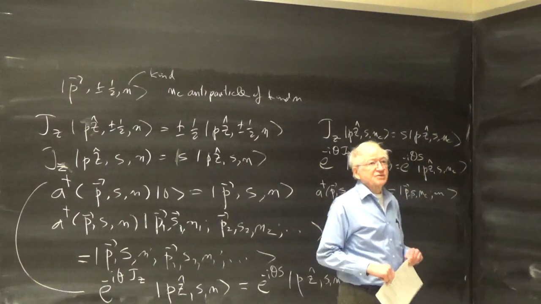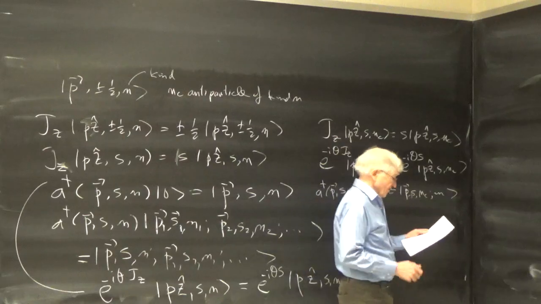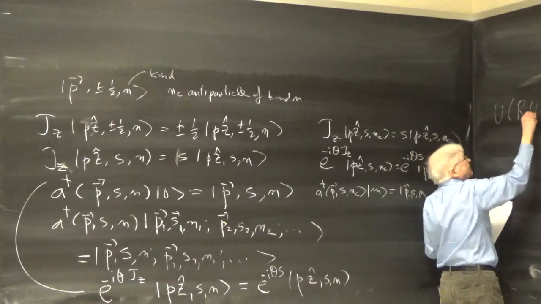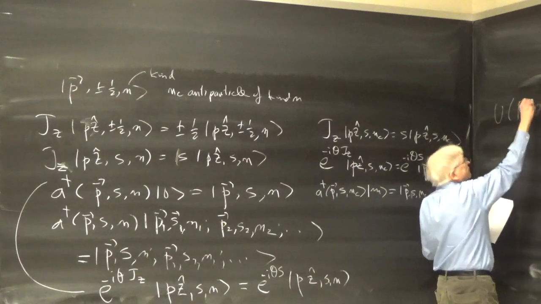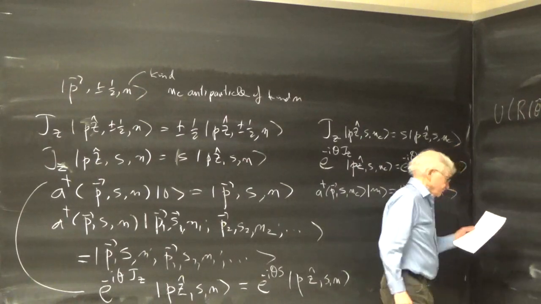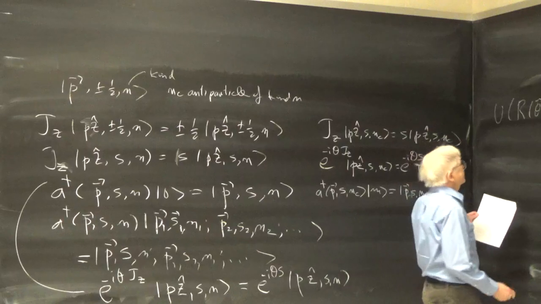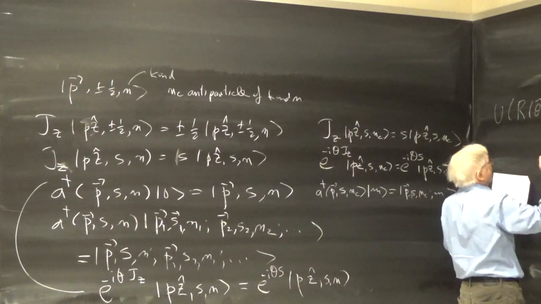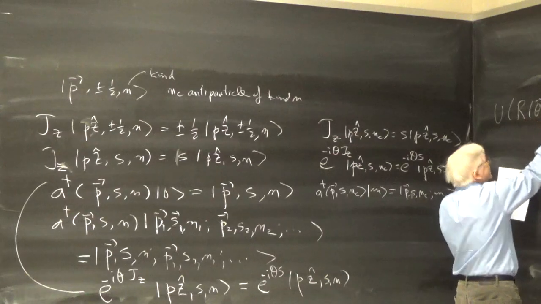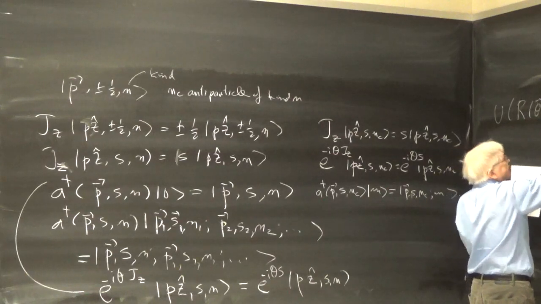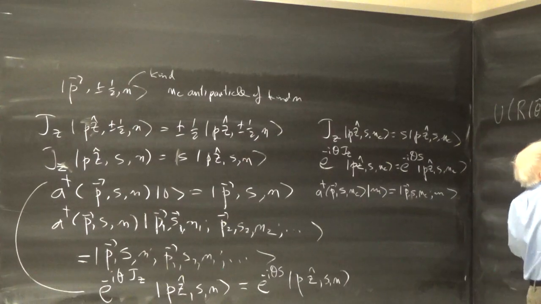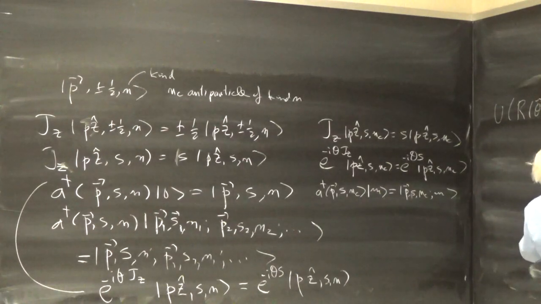Now, how do these states transform under a general rotation? Well, a unitary operator representing a rotation about the axis θ, with angle the length of θ, acts on a†(p, s, n) with U inverse, or U adjoint.